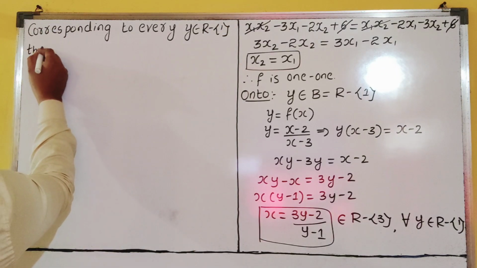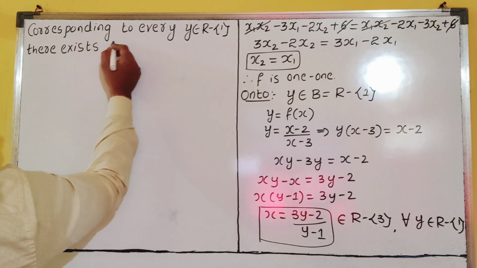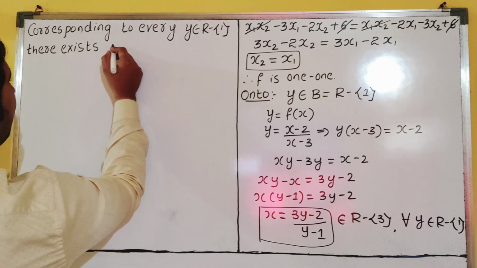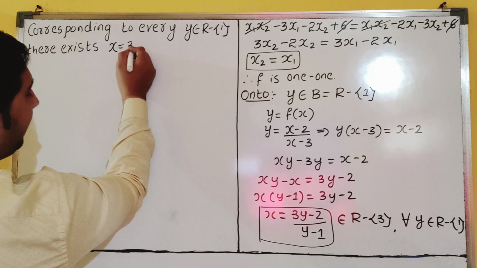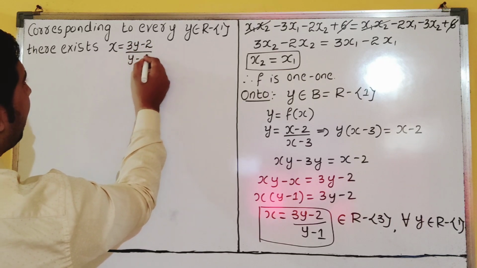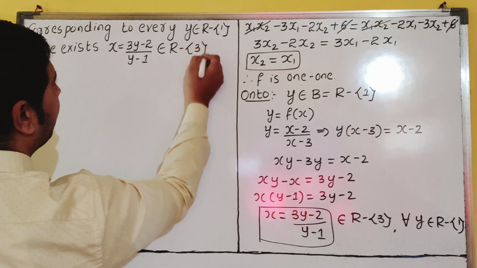There exists x, that is the x value, 3y minus 2 divided by y minus 1, which belongs to R minus 3, dear students.